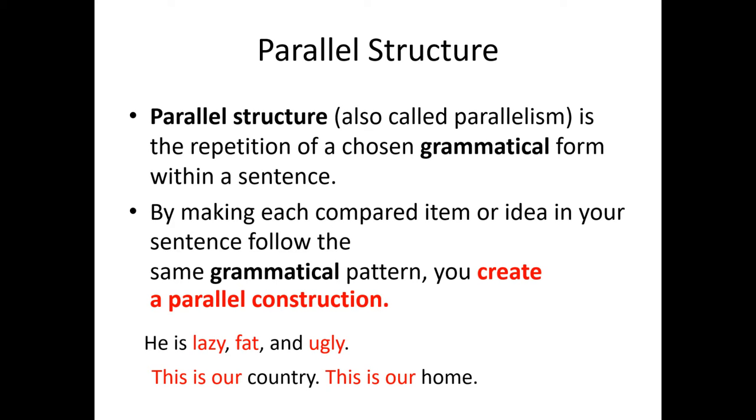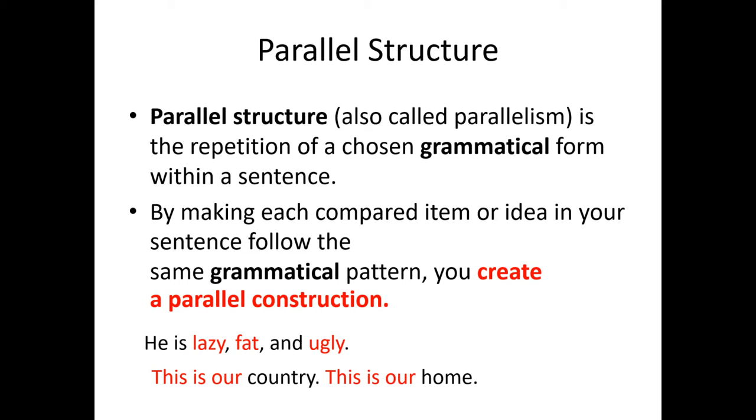We use parallel structure because we want to emphasize something. We want to emphasize the meaning. To create what we call a parallel construction, we can use something like "he is lazy, fat, and ugly." You see the use of adjectives: lazy, fat, and ugly.